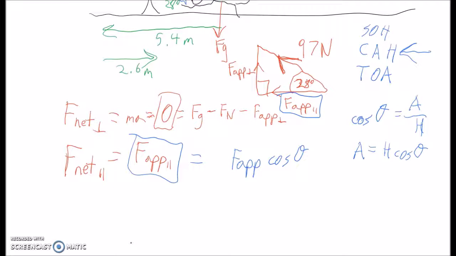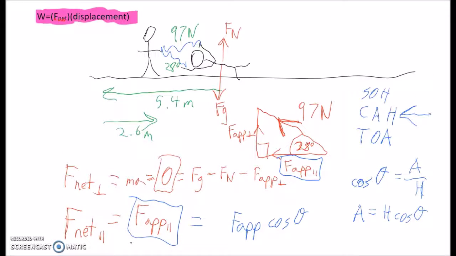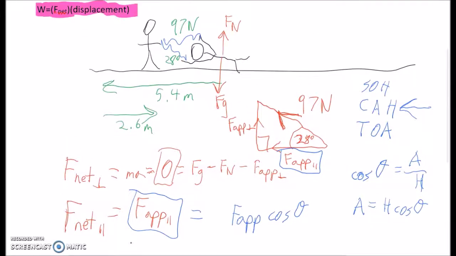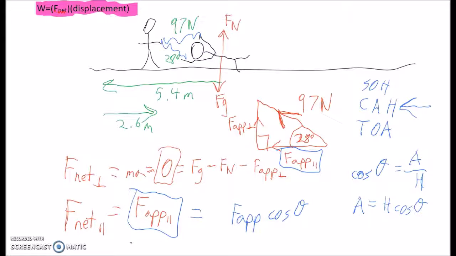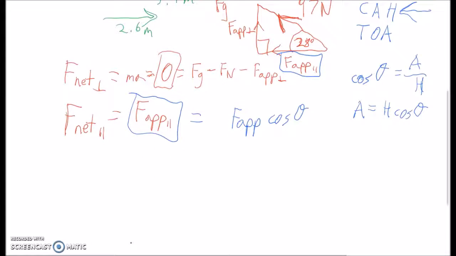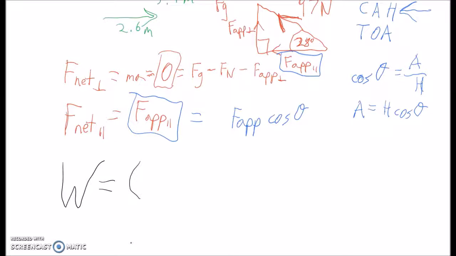Okay? So now we can go back. Now we have the F net. Looking back at this pink highlighted part, we can sub that in for the F net. So work, I'm going to put that in green here. Work equals F net, but instead of F net we're writing force applied cos theta, okay?